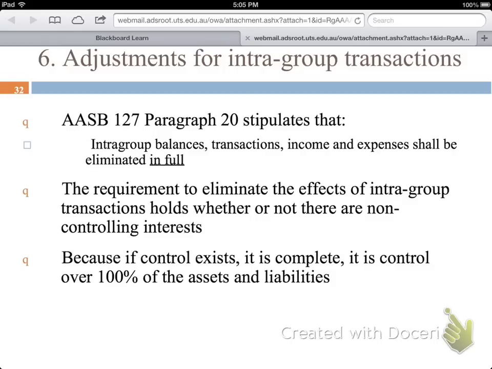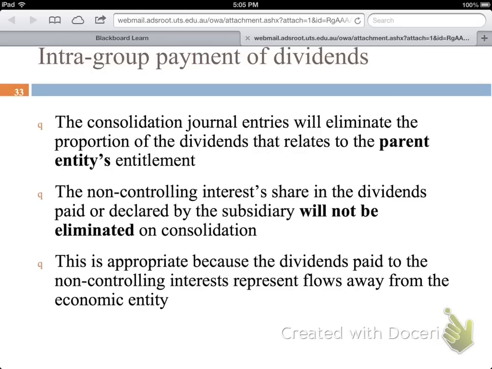Okay, and this stays even if there is non-controlling interest. We will still be eliminating all intra-group transactions in full. That is, we will be eliminating 100%, because from the group's perspective, the parent controls the subsidiary, and therefore it controls 100% of the assets and liabilities in the subsidiary.